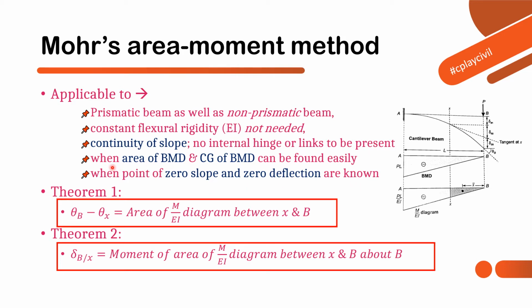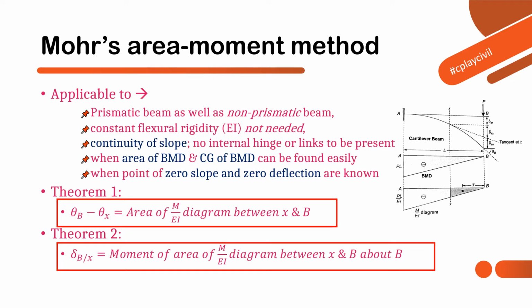If these conditions are satisfied, then we can use Mohr's area moment method. In this method we have two theorems: one regarding the slope, another regarding the deflection.